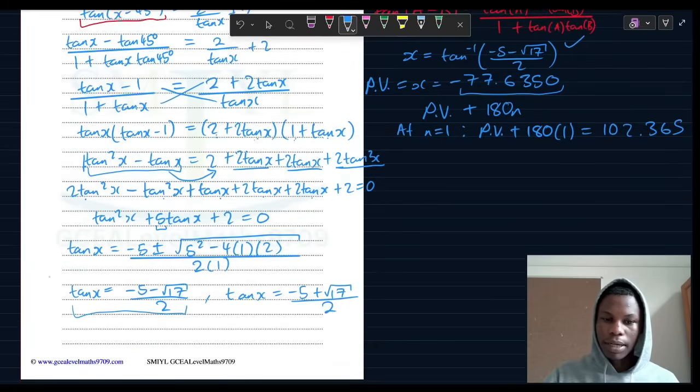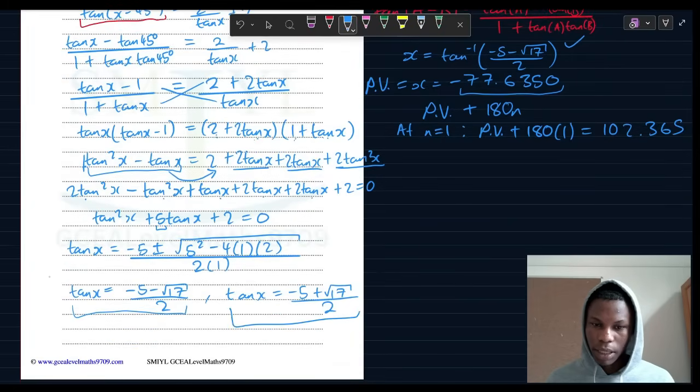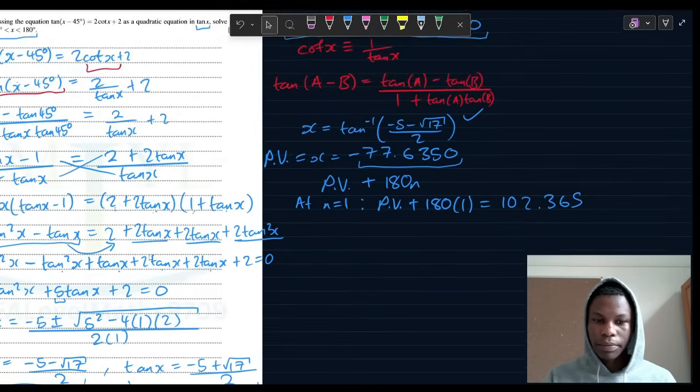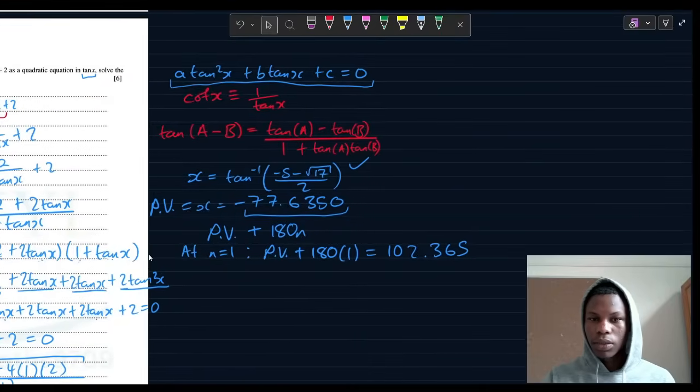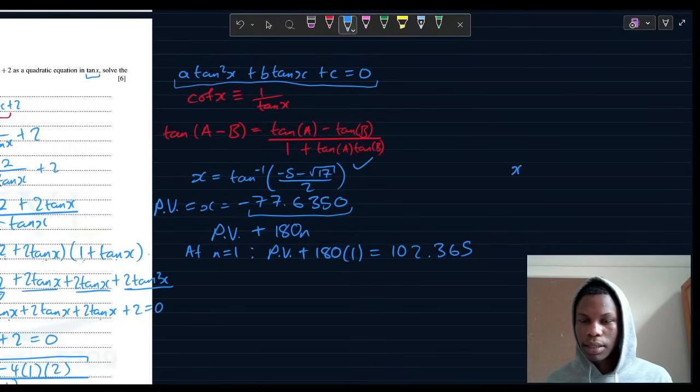So now let's come back to this equation and see what solutions that gives us. We're going to do x is equal to arctan of (-5 + √17)/2.